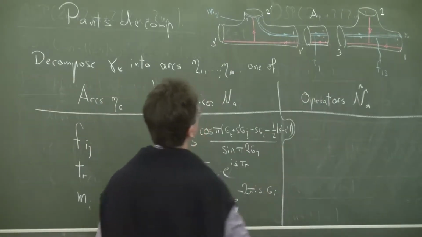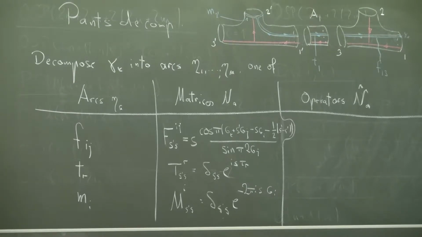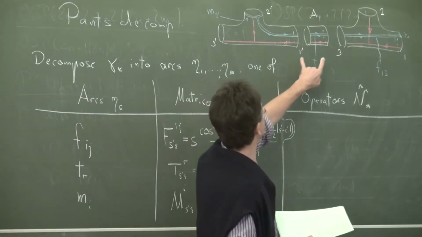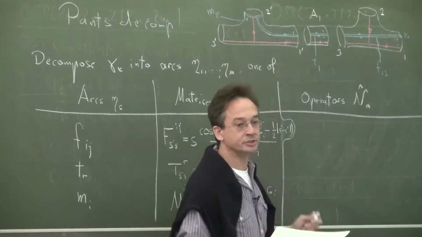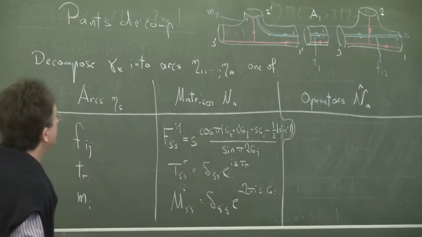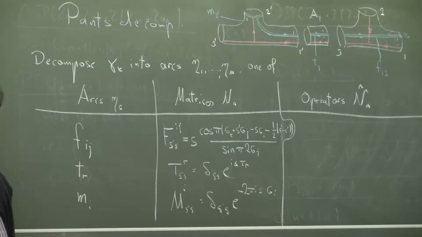Here, what is drawn is the case n equals 4. We're going to do it in such a way that we're decomposing into pairs of pants plus little cylinders. That's what we can always do. That's not a big deal.